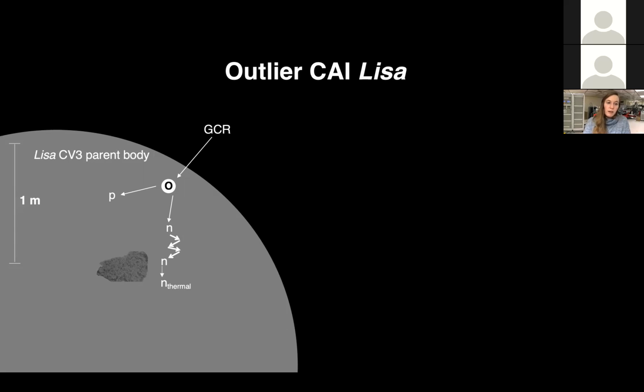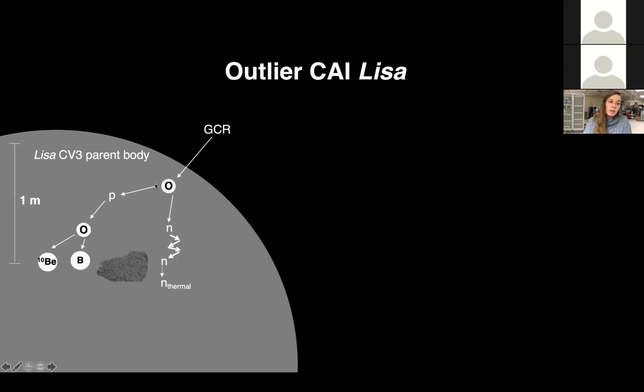And so this is what actually produces the excess samarium-150, because the neutrons collide with samarium-149, and because of the interaction it produces samarium-150. So that's why we think this meteorite or the CAI could have that high level.